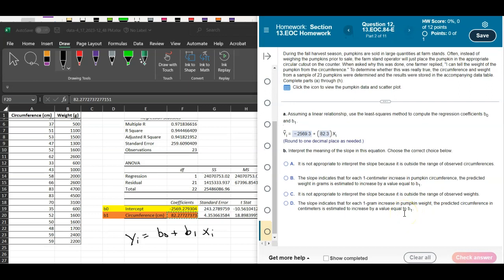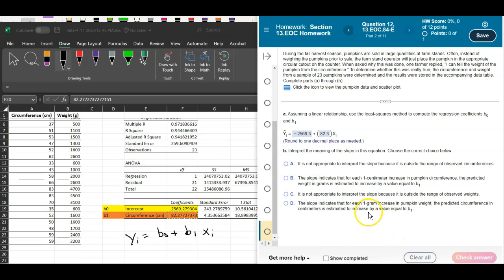Now it's asking you the meaning of the slope. The meaning of the slope is that whenever you increase x by 1 unit, the y values are going to change by the B1 value.